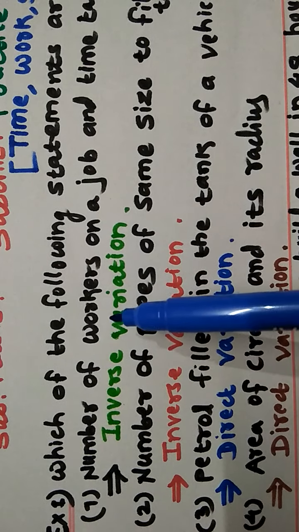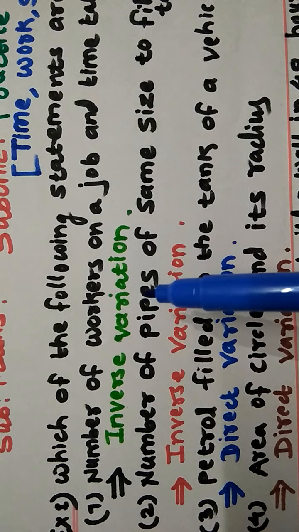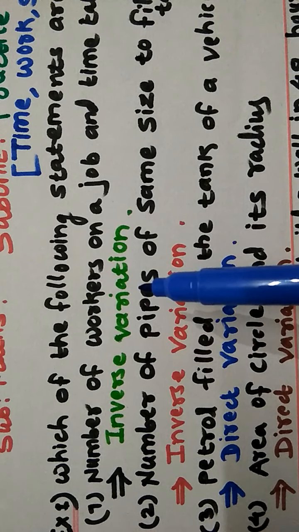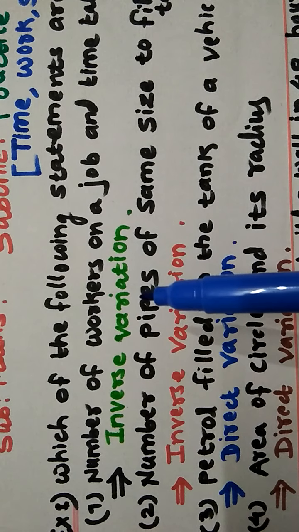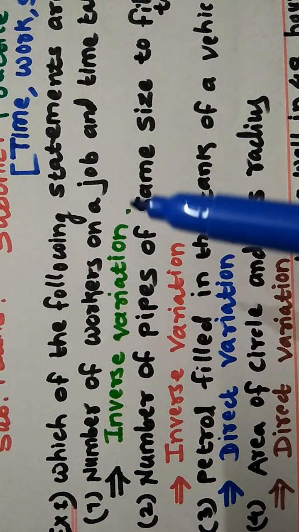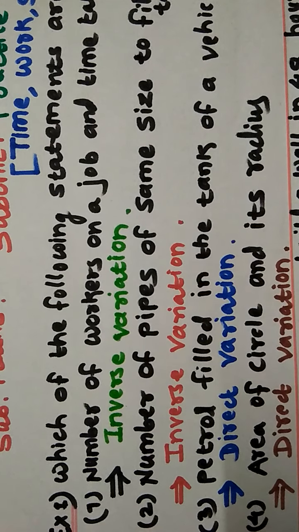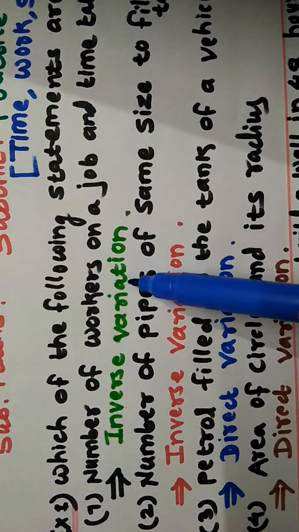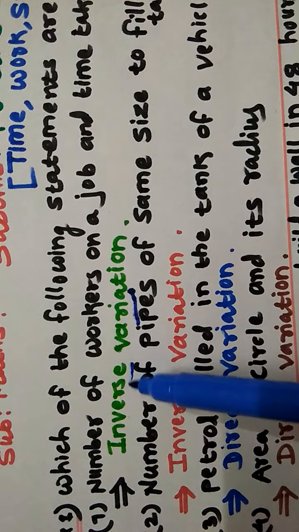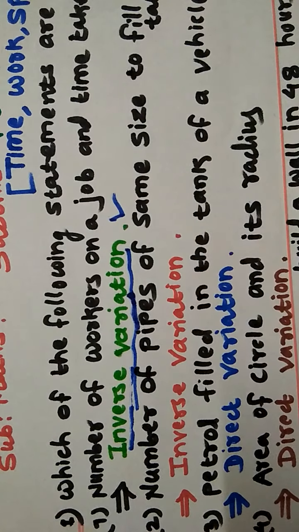Which variation is there? As the number of workers increases, the time taken to finish a job decreases. Therefore, there is inverse variation.